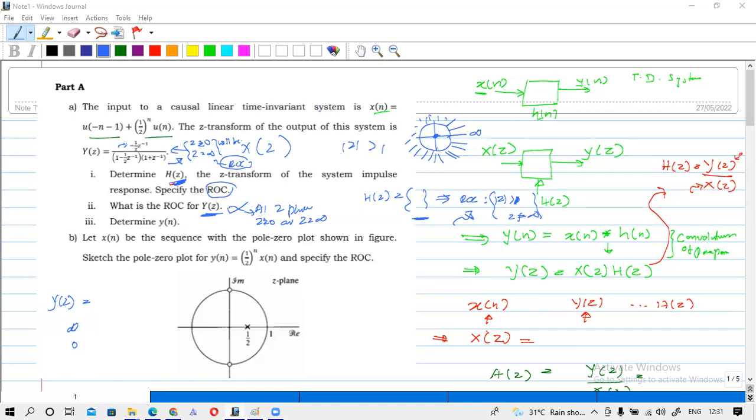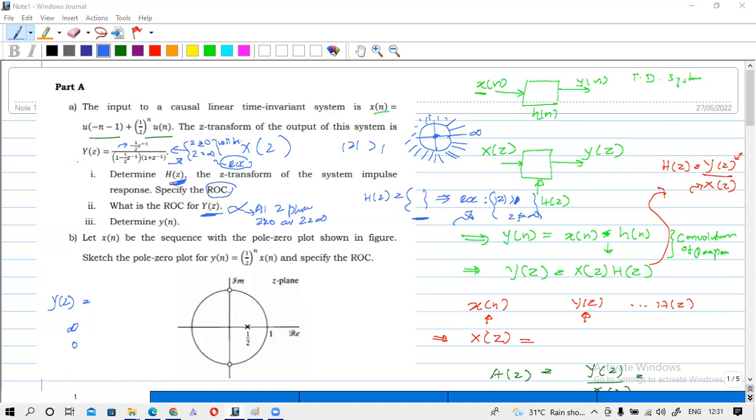Here we are given a Z-transform. Now for the ROC, we have to find for what Z values we can get a finite value. Y(z) should be finite for those Z values, so that will be the ROC. The ROC will be the Z values that give you a finite value for this Y(z).